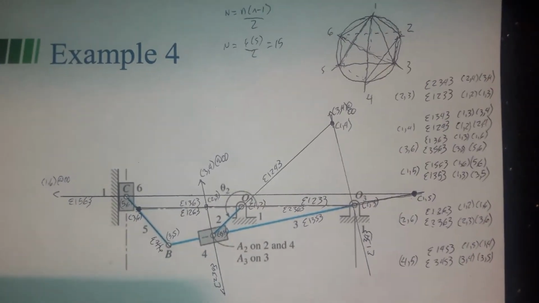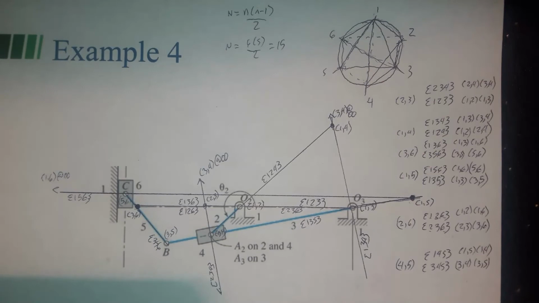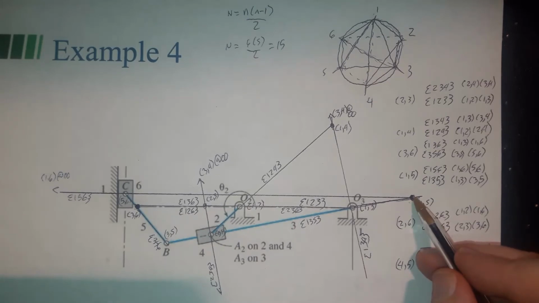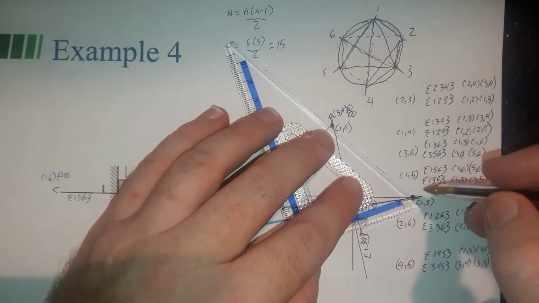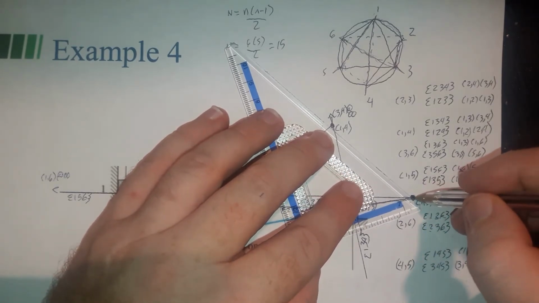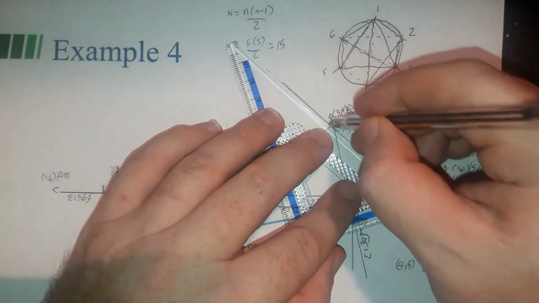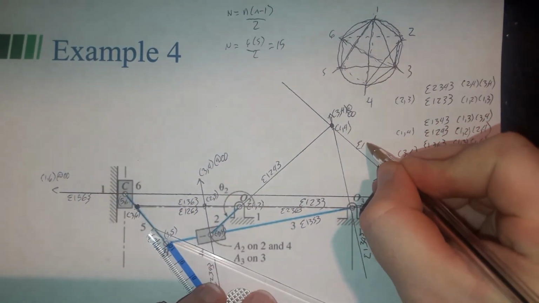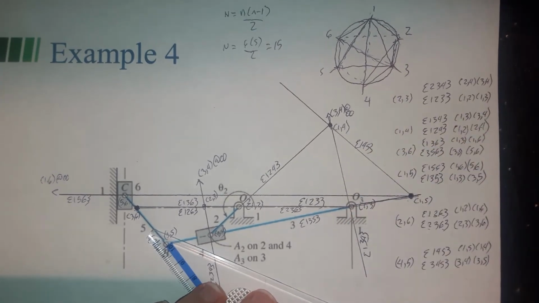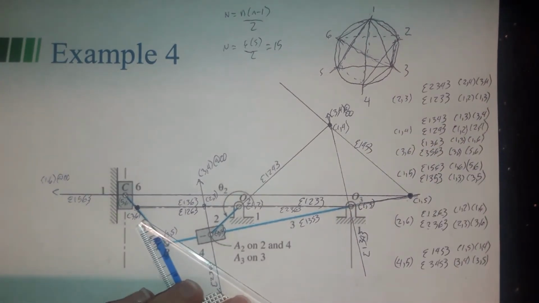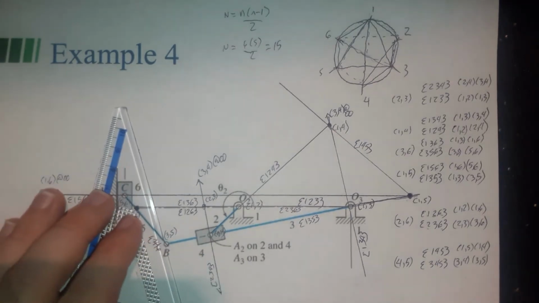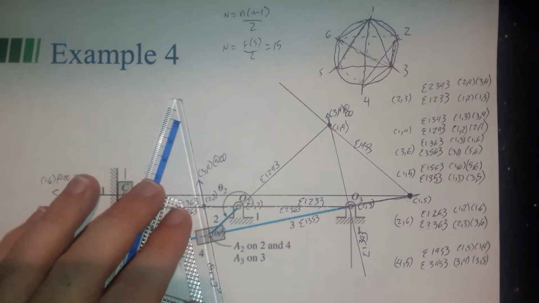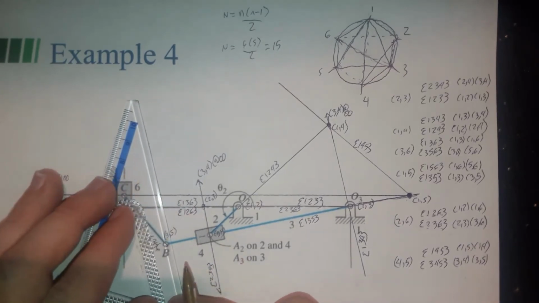Okay, so when I try to find instant center 4, 5, I'm going to need to connect 1, 4 and 1, 5. So I've got 1, 5 right here, 1, 4 right there, and so line 1, 4, 5 is out here a ways. Okay, so I've got 1, 4, 5. It's right there, and then 3, 4 is off at infinity, and 3, 5. Let's see, here is right here. So I want to take this line and draw a line parallel to it.